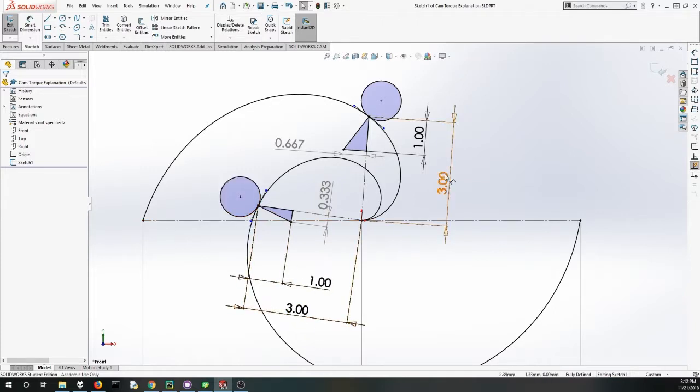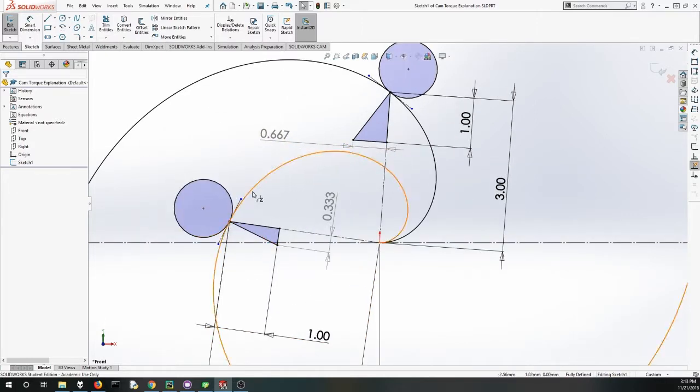They're set equal to each other because torque, of course, is dependent on the radius. So in order to have an equal comparison, they must be at equal distance from the center.